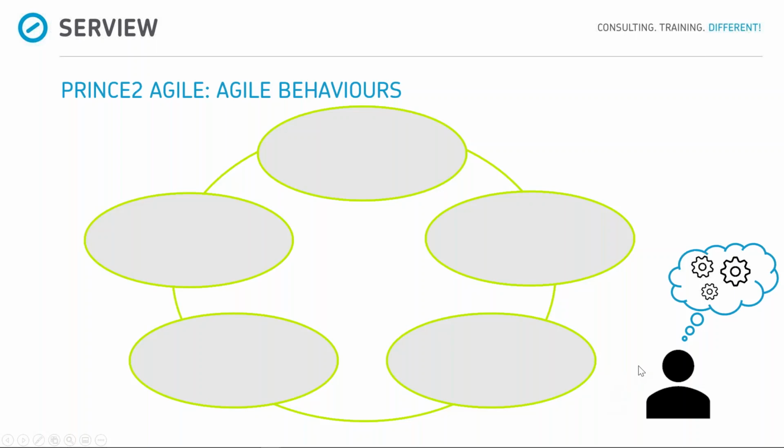So for this, PRINCE2 Agile has set up some Agile, you could say, values, but we cannot use that word in PRINCE2 because Scrum already has Scrum values. So let's talk about Agile behaviors. And these are behaviors that will work with Scrum or Lean Startup or Kanban or any of these methods, so a bit more of an abstract version, you could say.